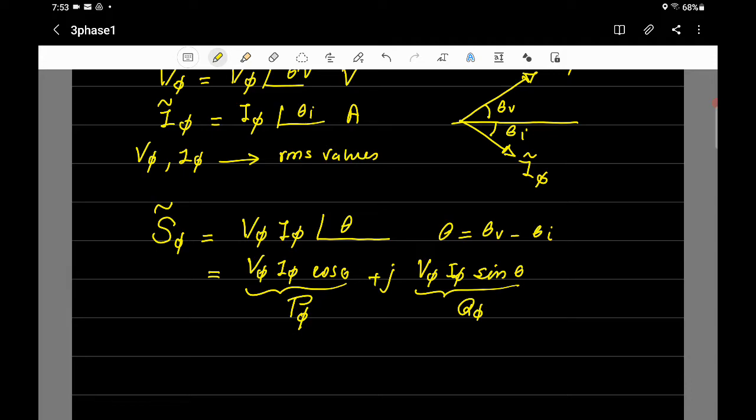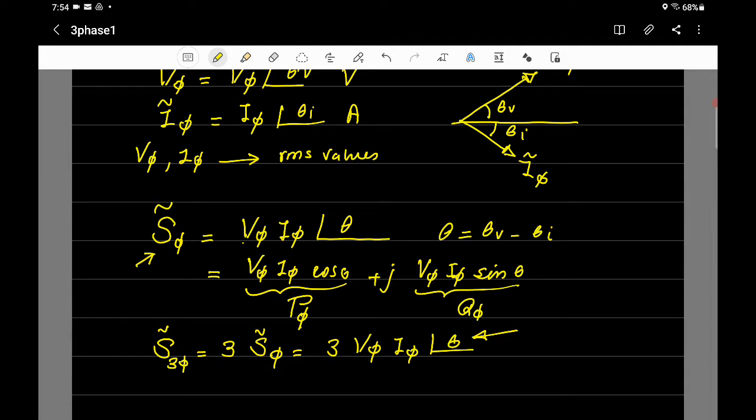Okay, somebody will say, but you're supposed to find the complex power for the three phase. Easy. If you want to find three-phase complex power, you just multiply one single phase by 3. In other words, it would be equal to 3 times voltage, like this expression, times I phi at angle theta. Somebody will ask, you're still using the angle theta that you use for the phase with the line? Yes. There is nothing called the angle between line current and line voltage.